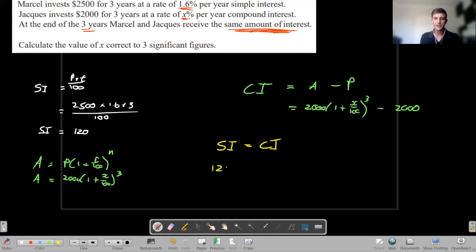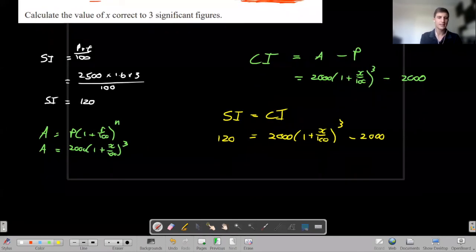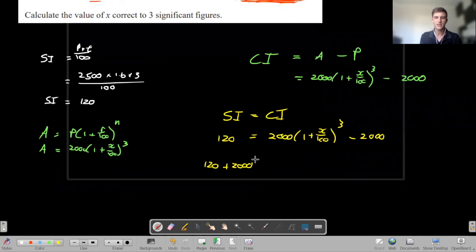So now we can substitute and then solve for x. So 120 is equal to 2,000 times (1 plus x over 100) to the 3, minus 2,000. Let's simplify. Firstly, let's get rid of this minus 2,000 by taking it over to the other side. So this is 120 plus 2,000, equal to 2,000 times whatever is inside this bracket.